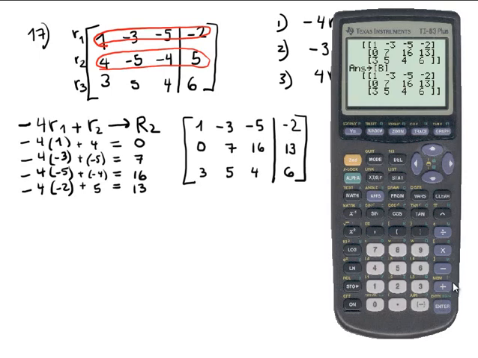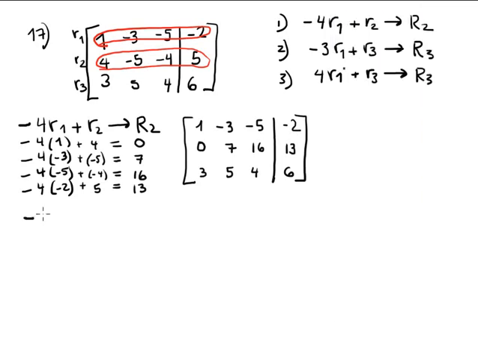Okay, let's go to the next. The second row operation is -3R1 plus R3, stored in row 3. Again I copy -3 four times, because we have 4 elements in each row, plus.